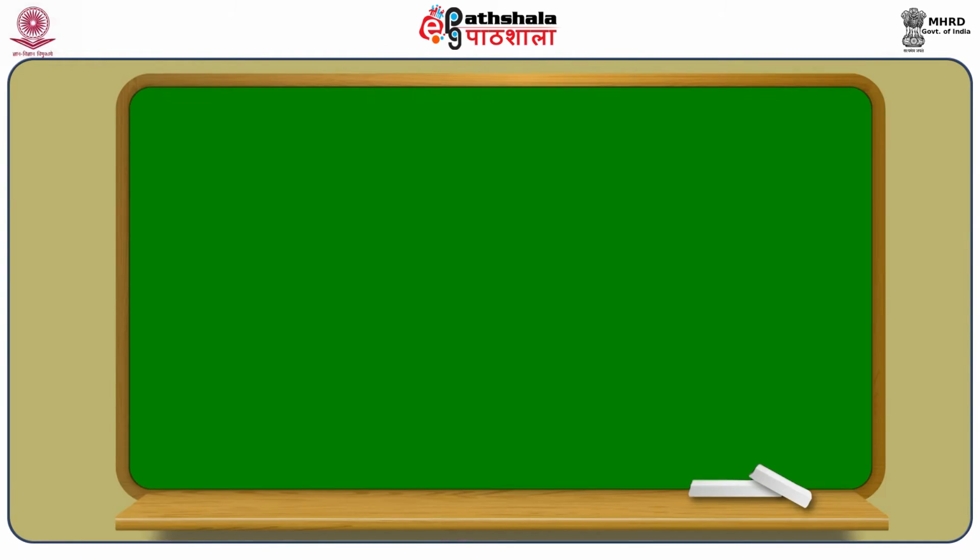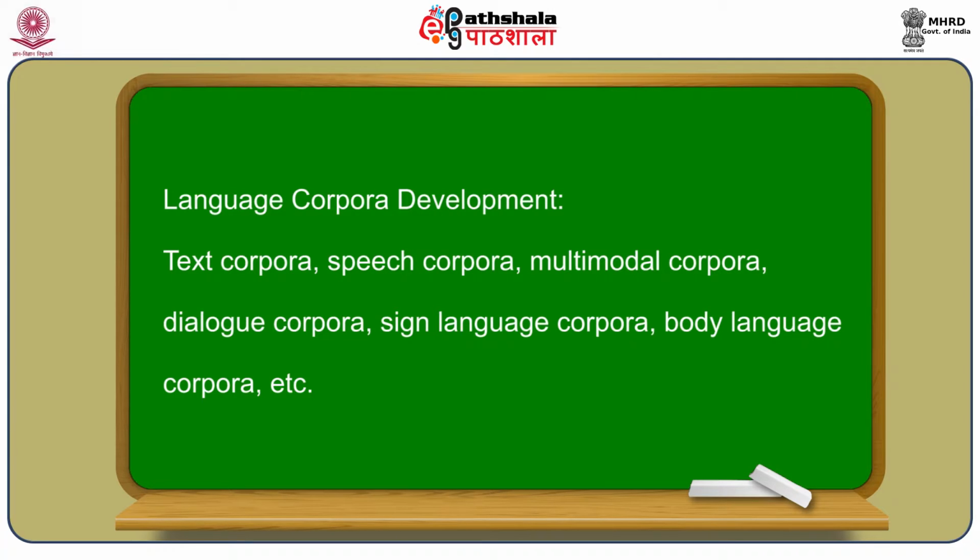Second area of language technology for us is language corpora development. So far, we have discussed and elaborated many issues and aspects of language corpora. So this is another important part of language technology. What are the things involved in it? First, develop a system for generating corpora.